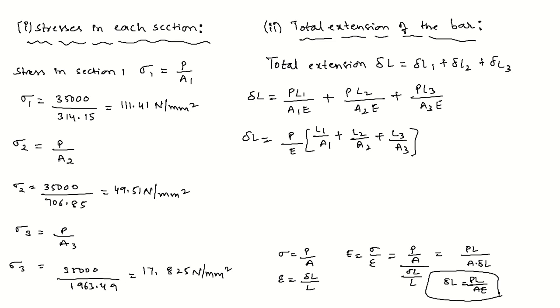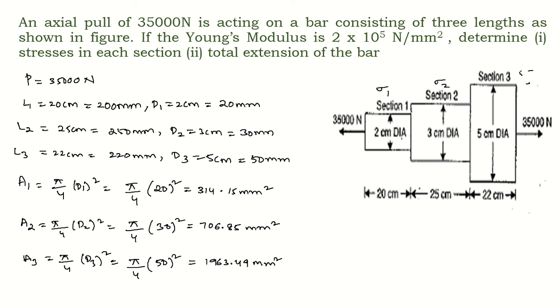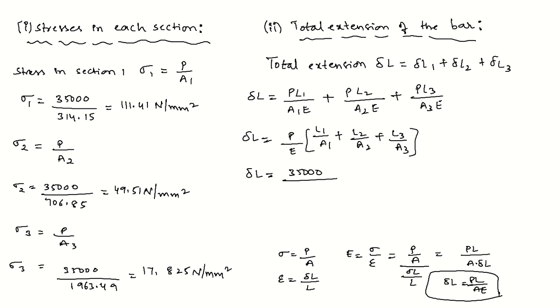So I'll substitute all the values. This is 35,000 by, what is E? E is 2 into 10 power 5, and it is in Newton per mm square, right? We have converted everything into mm. I forgot, so it's 2 into 10 power 5. What is L1?